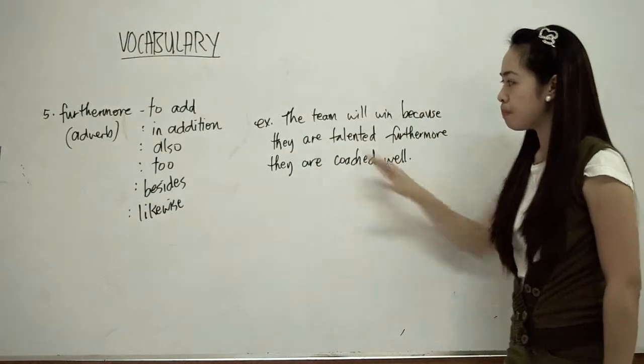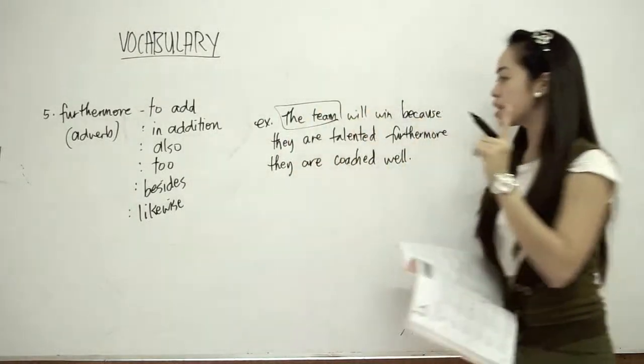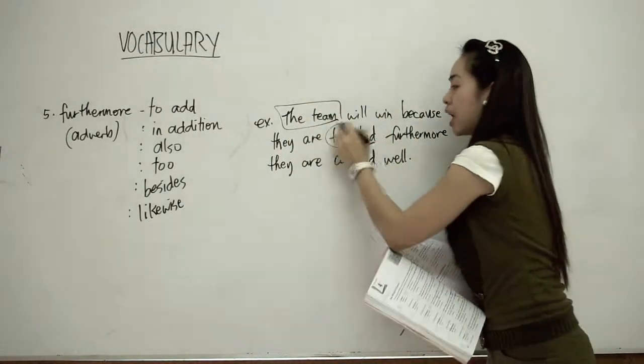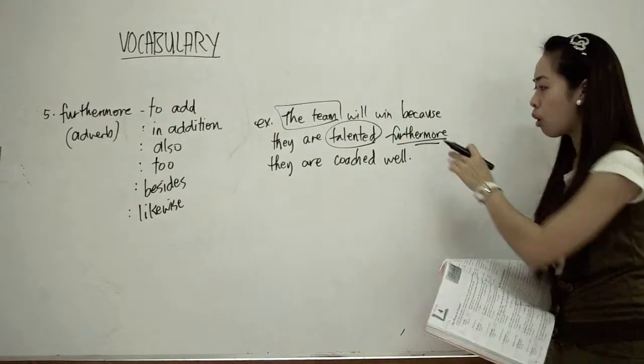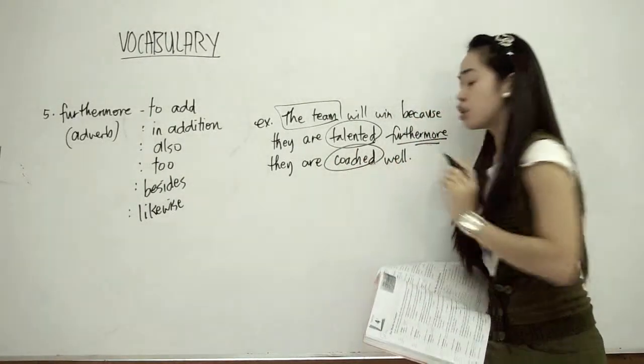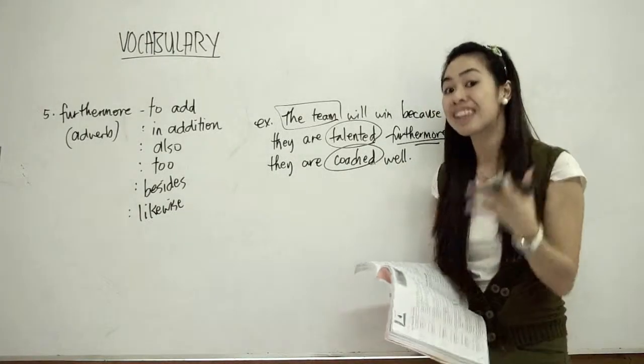What does it mean? The team is expected to win the game because they are known to be talented. Plus, we use the word furthermore, they are coached well. When we say coached well, they are able to have rehearsal or practice.